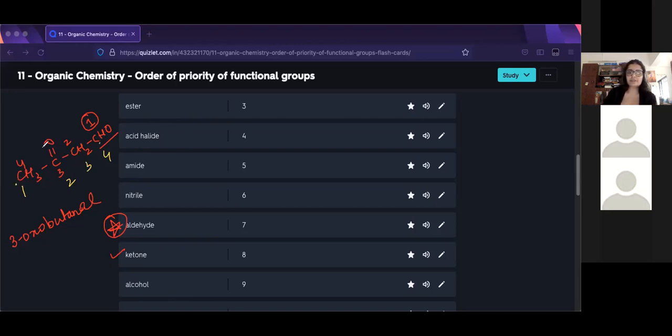If I start from here, the ketone will get the lower number. If I start from here, the aldehyde will get the lower number. Now, because aldehyde is more important, I'm going to start my numbering from here. 1 will always go with the aldehyde, and then whatever number the ketone gets, that's going to be the position number. Oh, okay, understood. Thank you. Yeah, that's the importance of it.